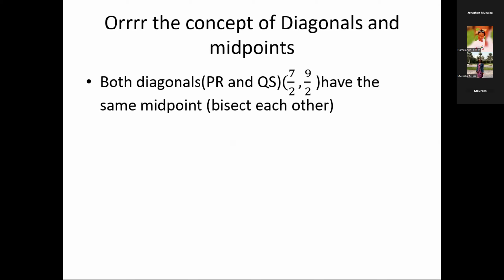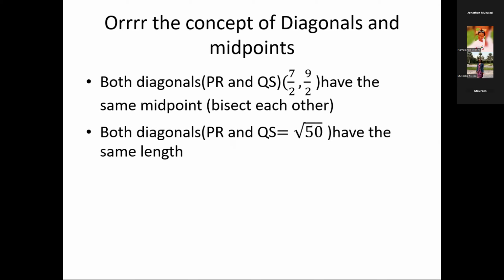When you calculate, you'll get (7, 2) as well as (9, 2) as the coordinates of the midpoint. And then the length of the diagonals, you also calculate it and you'll find it as root 50, which is the same length.